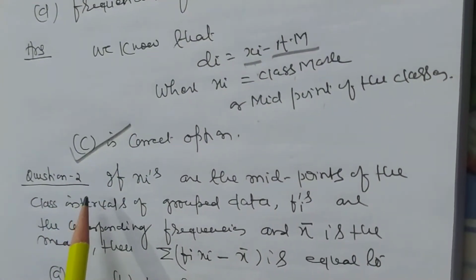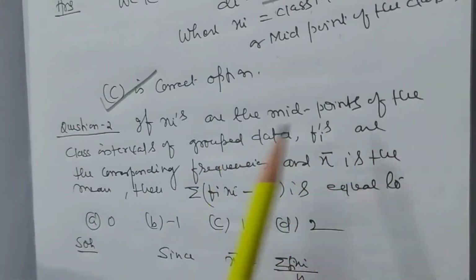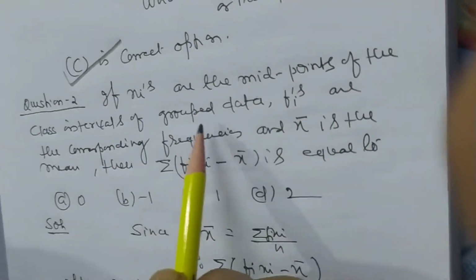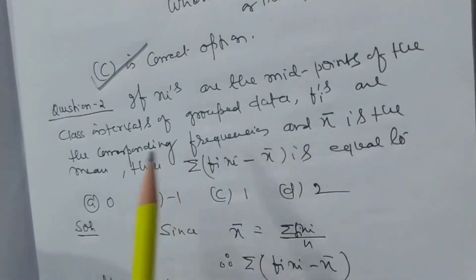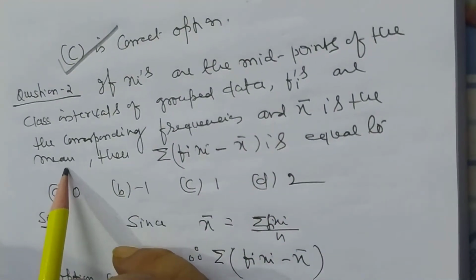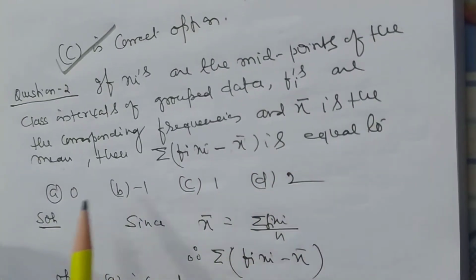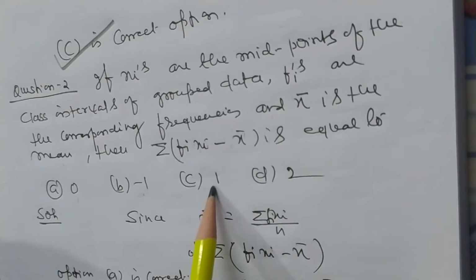My dear student, question number 2. If xi's are the midpoints of the class interval of grouped data, fi's are the corresponding frequencies and x bar is the mean, then sigma fi (xi minus x bar) is equal to: 0, minus 1, 1, 2.